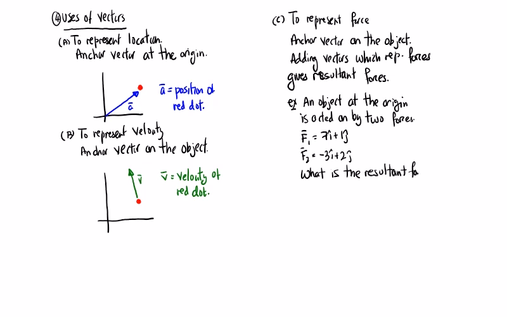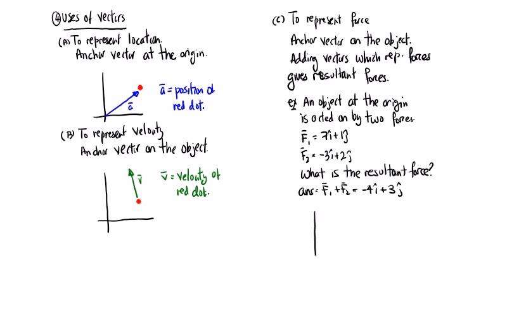In other words, if both of these forces act on the object, if you combine these, what's the result? The answer here is simply F1 plus F2. I'll draw pictures so we see. And this will be negative 4i, I'm just adding components, plus 3j.